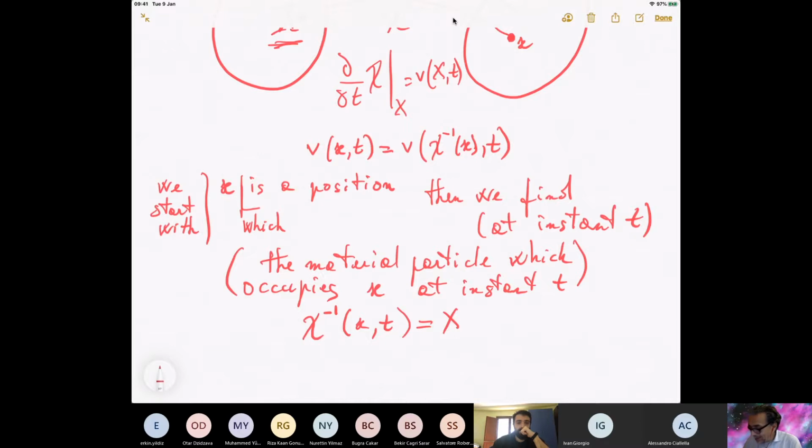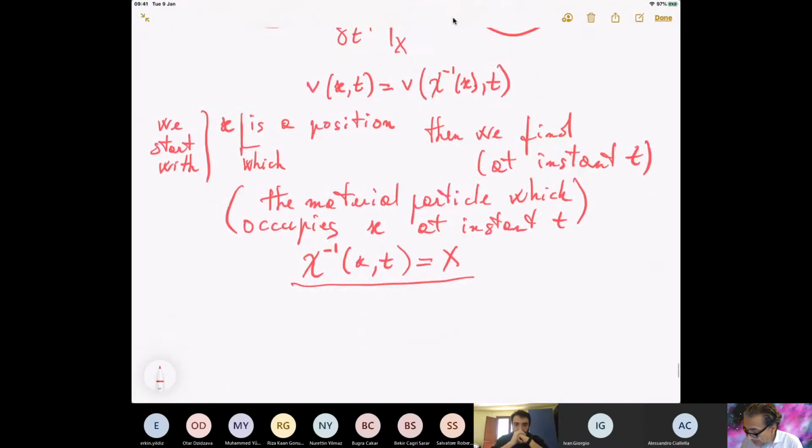So when I say the material particle which occupies position x at instant t, I mean this material particle: the inverse of the placement applied to x and t. And we glue v at x.